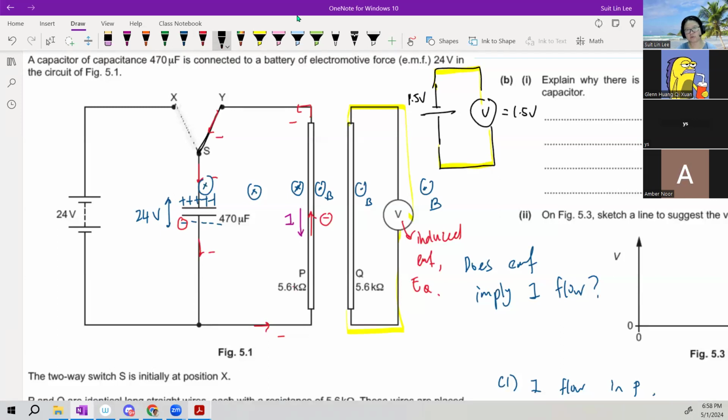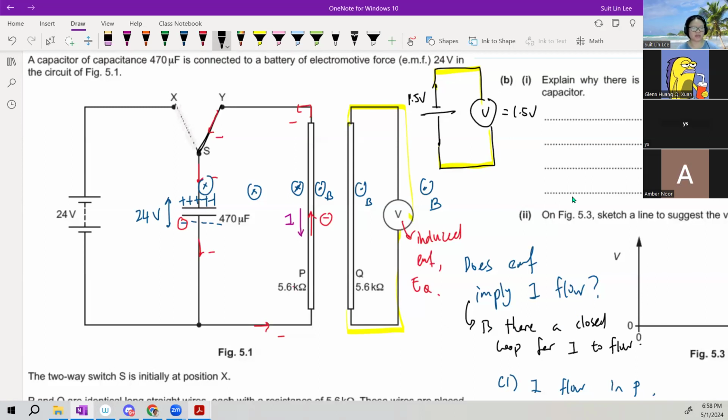So the voltmeter will measure 1.5 volt. But is there current flowing in my mini circuit? No, because the potential difference across it, I won't say there's no potential difference, but the terminal potential is 1.5 volt. Having EMF doesn't necessarily imply current flow. So the answer is no. It depends on whether there is a closed loop for current to flow.